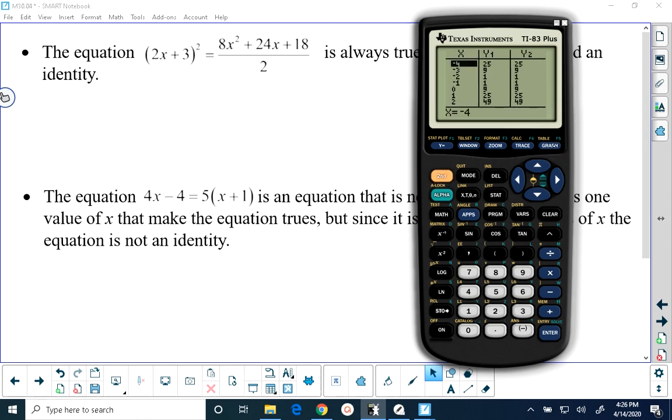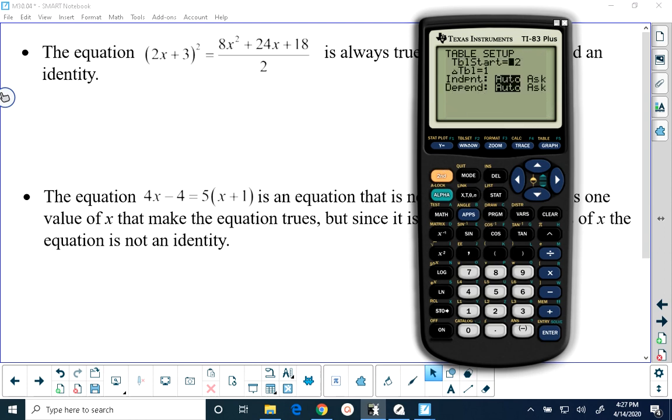I notice that y1 and y2 are always equal to the same thing. And I realize that my table is generated with integers. I'm using x equals 1 and 2 and 3, etc. I'll show you in a second that it works with decimals as well. But for example, when x is 4, y1 is 121 and y2 is 121. That means when x is 4, the left side and the right side are always equal.